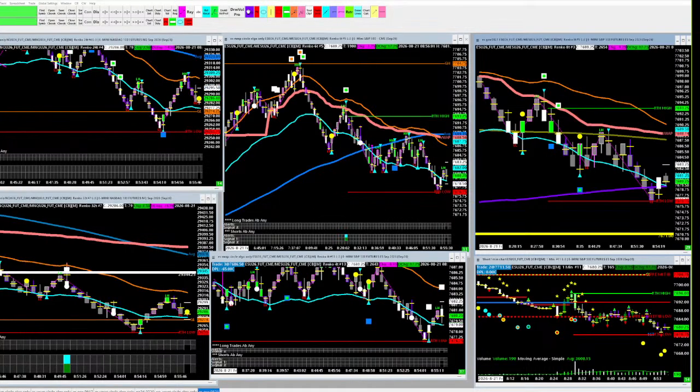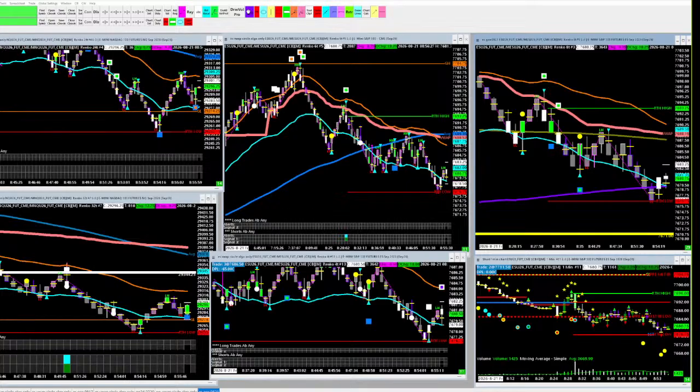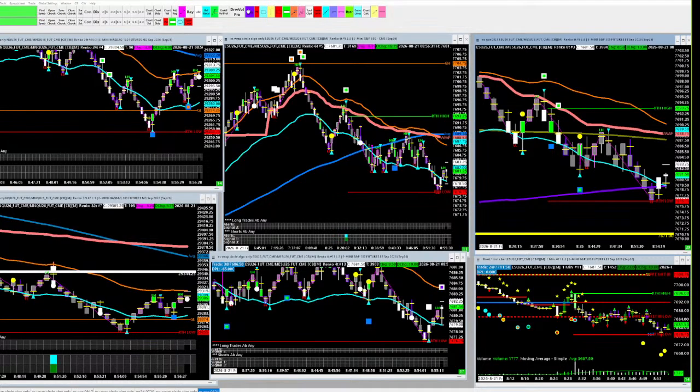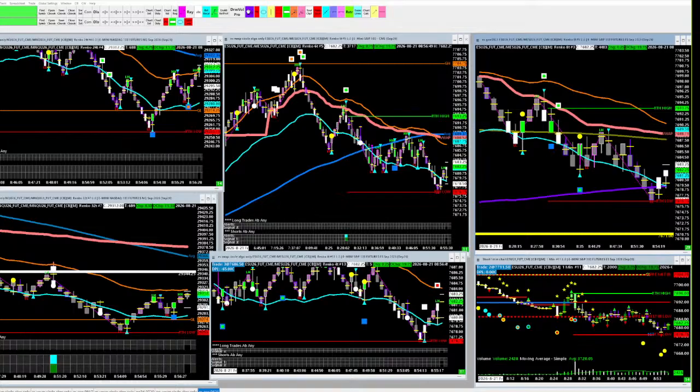Green bar uplifted, obviously. Let's see. Second green bar uplifted on NQ there on the 24 and the 32.